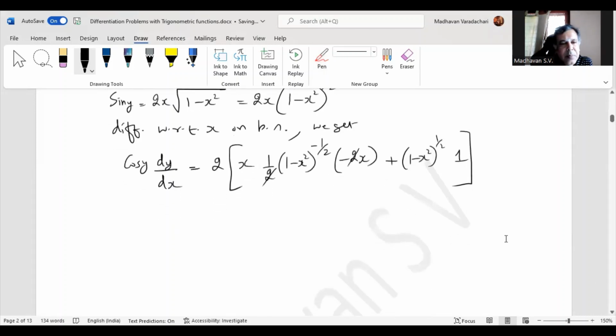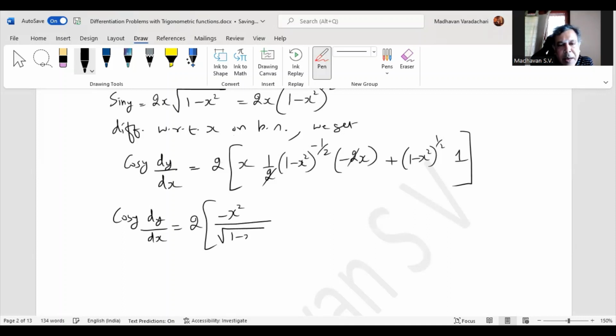Now cos y dy by dx is equal to 2 times, here we have x into minus x, which is minus x square. Since here it is power minus half, we can bring it to the denominator to make it positive half, or square root of 1 minus x square, plus this one is also square root of 1 minus x square.